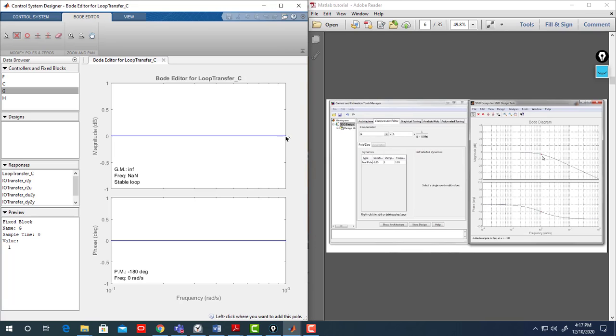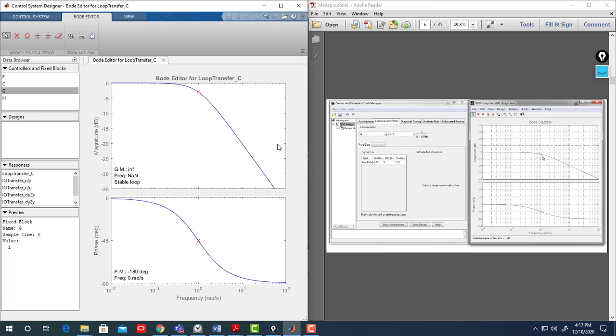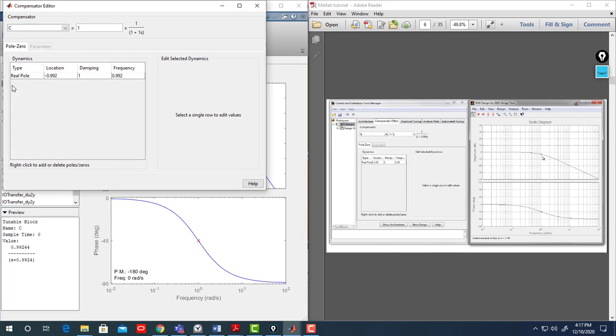So basically if I add my pole here, look at how the system will look. Just verify, the frequency is 0.9. I'll put it at 1 as we said. So I want to add it at 1 radian per second.